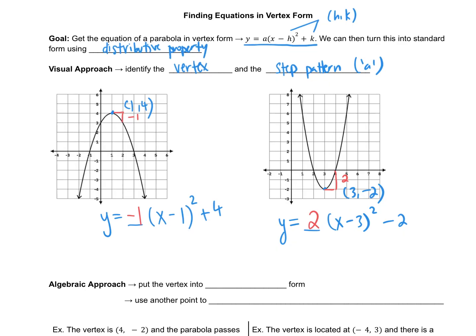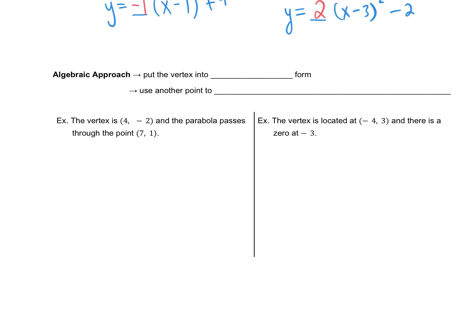So let's take a look at the algebraic approach. First thing, you're going to be given information about the vertex, so put it into vertex form for that h and k value. Then use another point to sub in for x and y to solve for a.